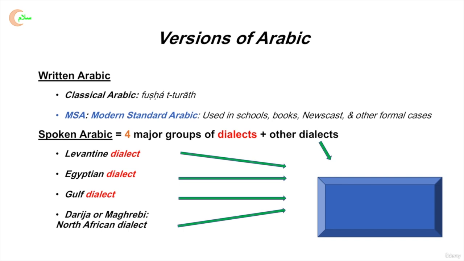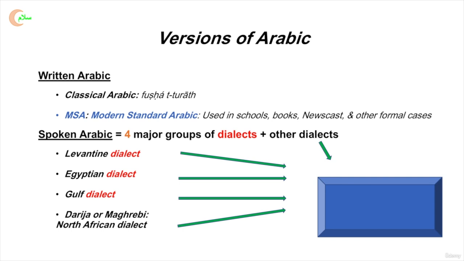The spoken Arabic is divided into four major groups of dialects plus other small dialects. The four major groups are Levantine dialect, which is spoken in Syria, Lebanon, Jordan, Palestine, and part of Israel.